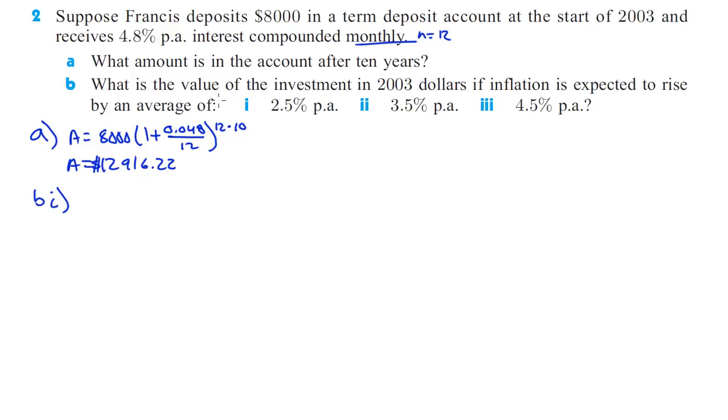It says, what is the value of the investment in 2003 dollars if inflation is expected to rise by an average of 2.5%, 3.5%, and then 4.5%? Okay, so we're going to take this 12,916.22 divided by 1.025, because that's 2.5% plus the original 100%, all to the 10 years, right?